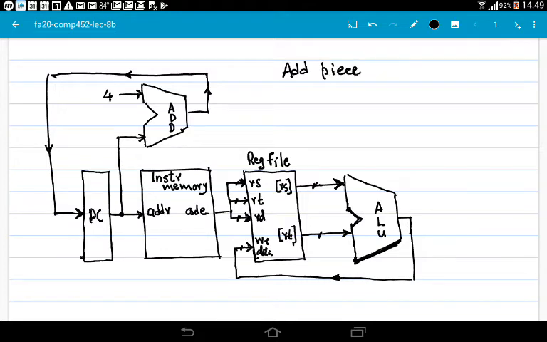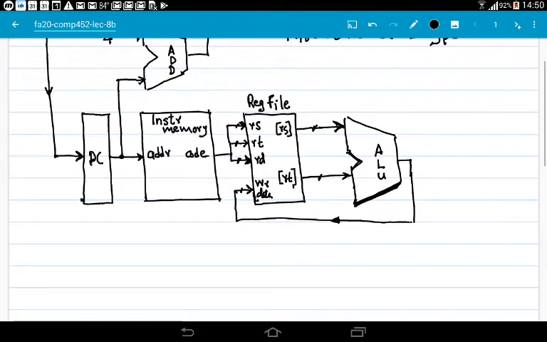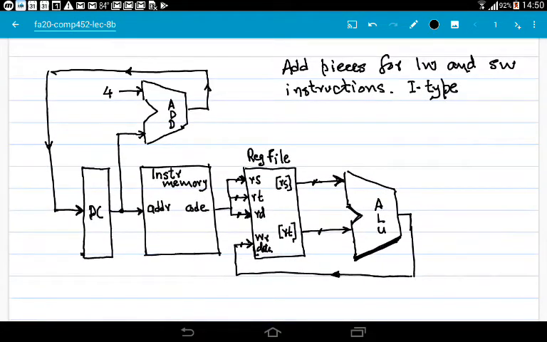Now we want to add pieces for load word and store word instructions. These are I-type instructions. Let's quickly go through how load word and store word work, and what the instruction format of load word and store word is. Actually, why not use this space? In load word or store word or I-type instructions, these 6 bits are for opcode.